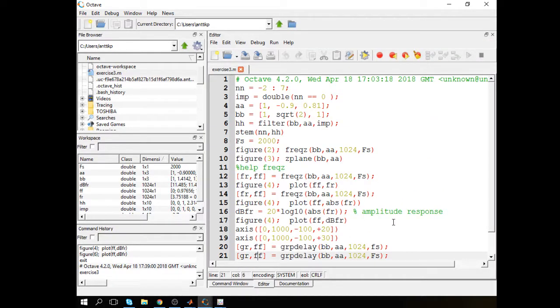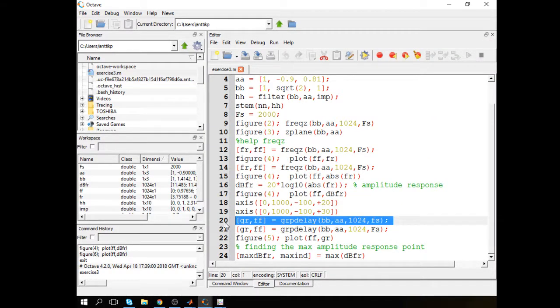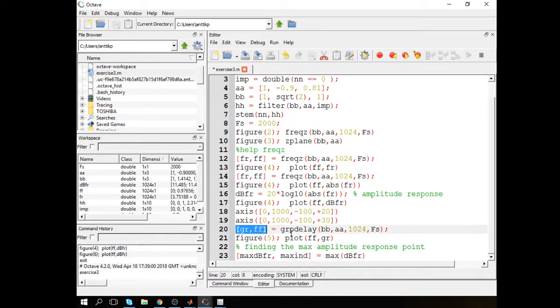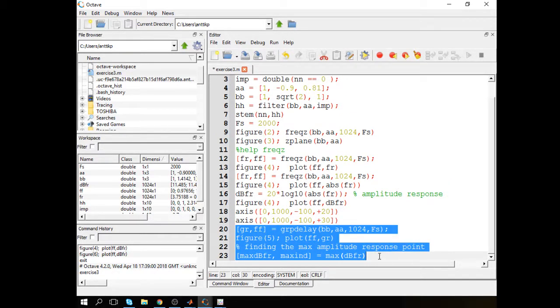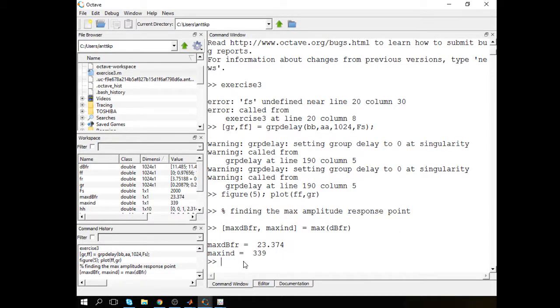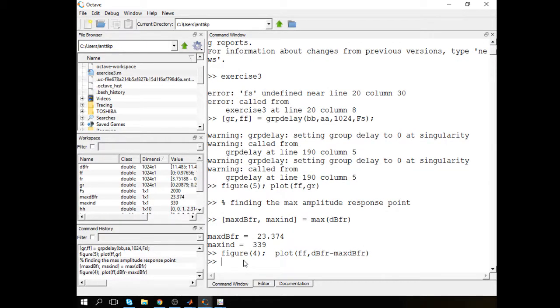I had one mistake here, of course. Minus max dBFR.